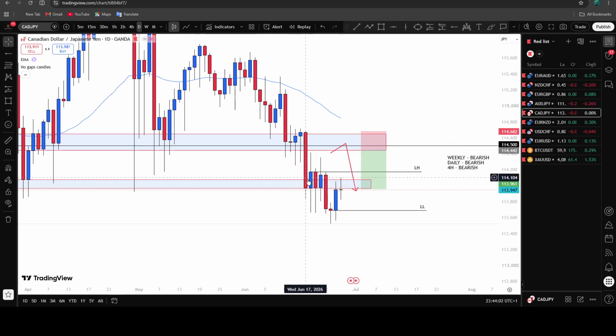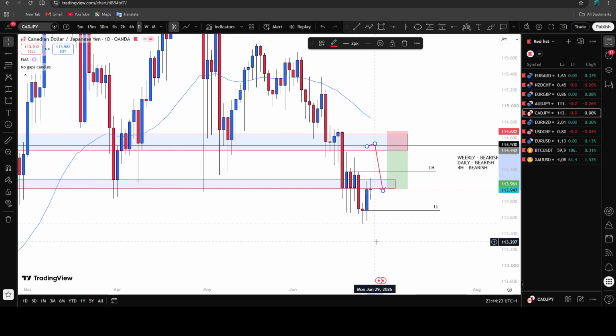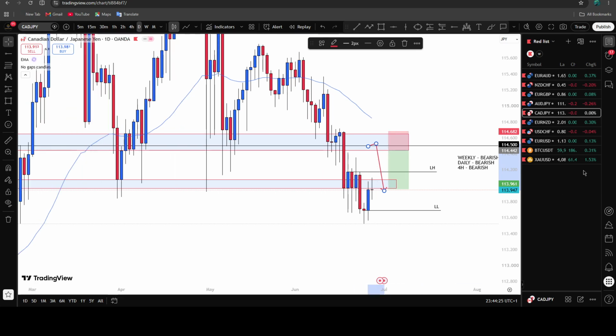But when I analyzed this pair, this was the lower high and this was the lower low. So I'm waiting for a retest of this zone. Give me something like before I take it. So price came up, did not even get to this place and had the push to the downside. So it never came back to my area of interest, never took the trade.